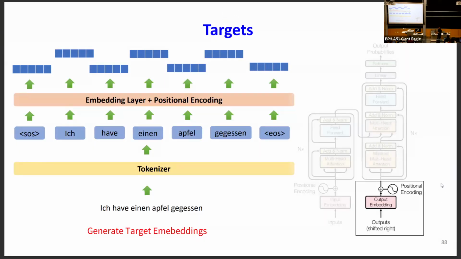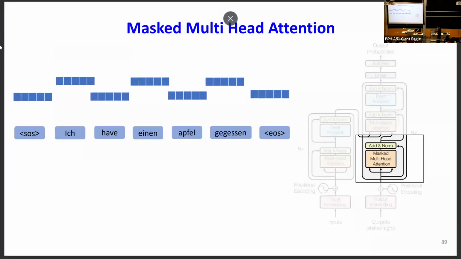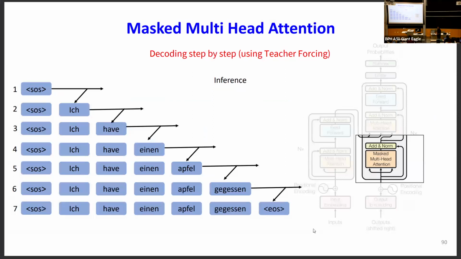Once you've generated your target embeddings, you step into the decoder, and you see this masked multi-head attention. This is something new that has come up in this lecture, so let's think about what it is. In a general scenario, how does a decoder work? When you use ChatGPT or any other seq-to-seq model, they work sequentially.